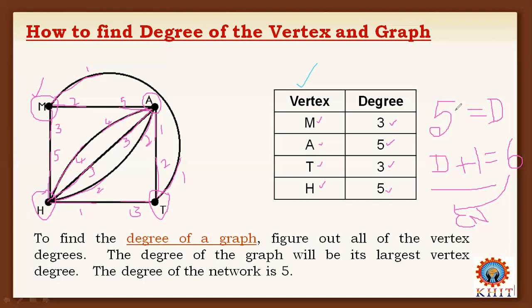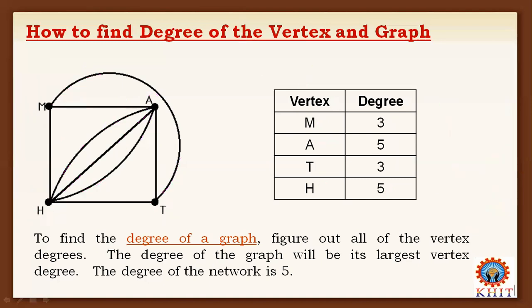So if you want to color the given graph by applying graph coloring, the minimum number of colors required is 6, because D plus 1 gives 6. The value 6 is considered as the chromatic number. Students, in this way, you can find the degree of the given graph.